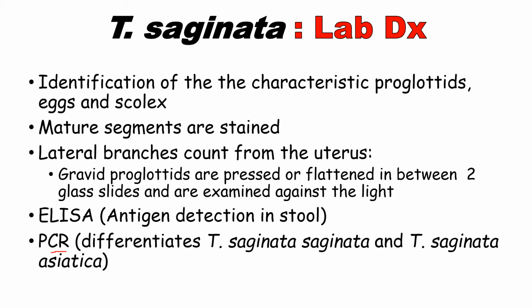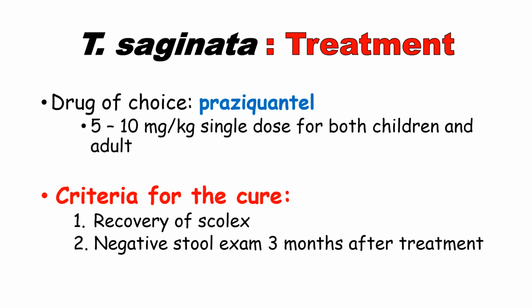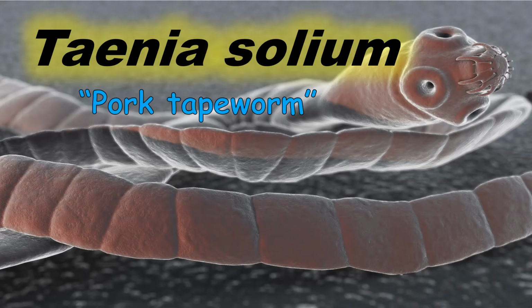So next, drug of choice is praziquantel, and the criteria for cure are recovery of the scolex and a negative stool exam 3 months after treatment. So let's proceed with Taenia solium or the pork tapeworm.